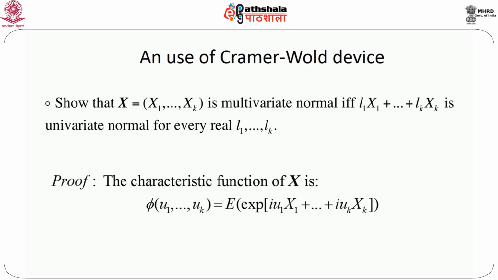Again, we use the characteristic function of these vectors and variables. So, the characteristic function of random vector X is phi of u1 to uk, which is the expectation of e to the power i(u1 X1 up to uk Xk).